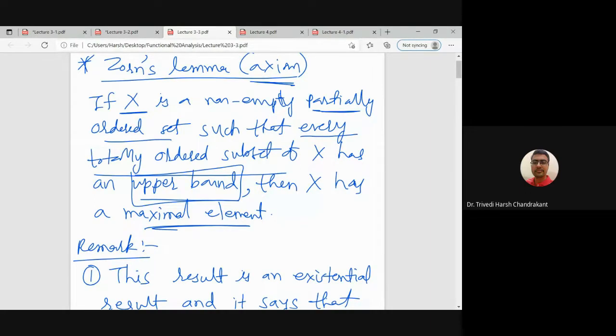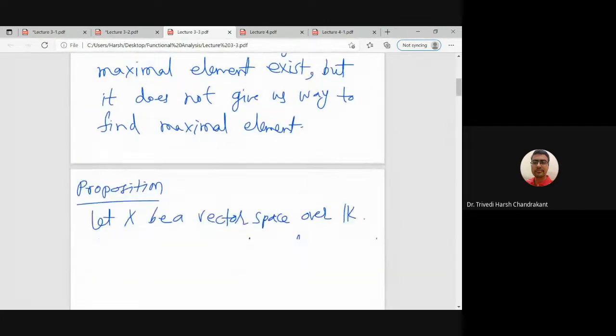This we are going to apply in the first result which we are discussing now.